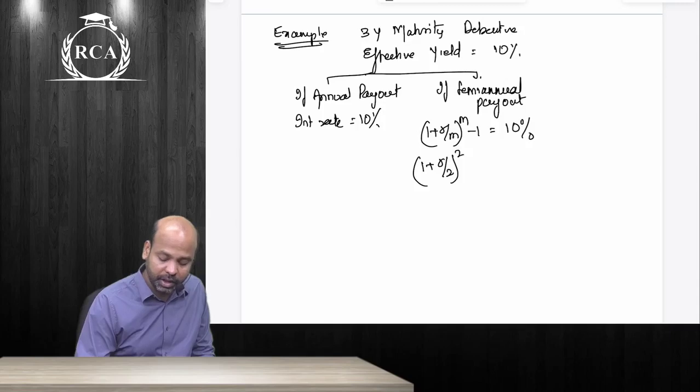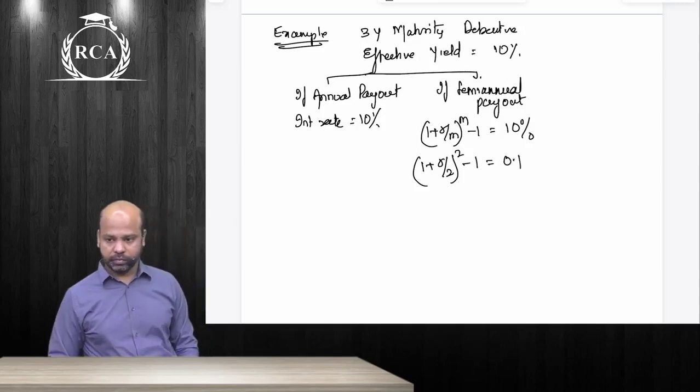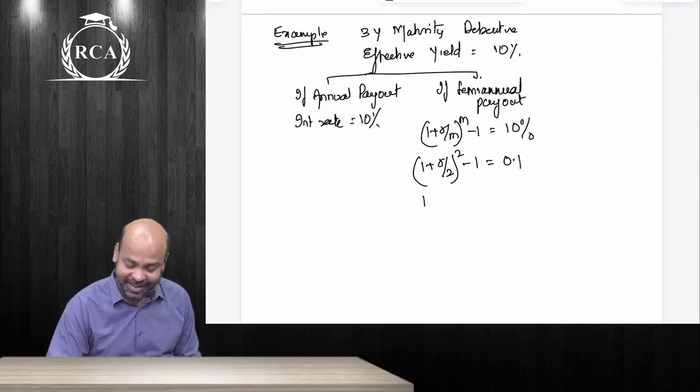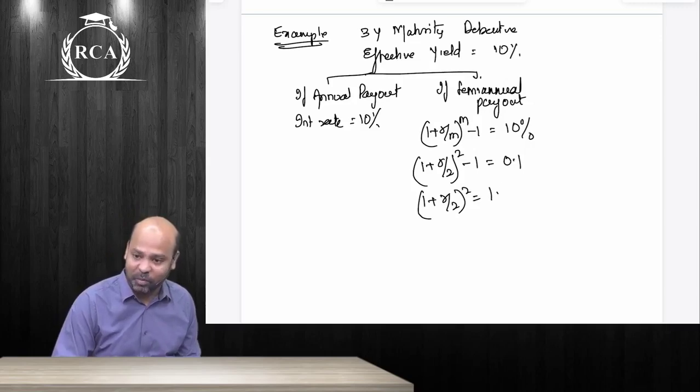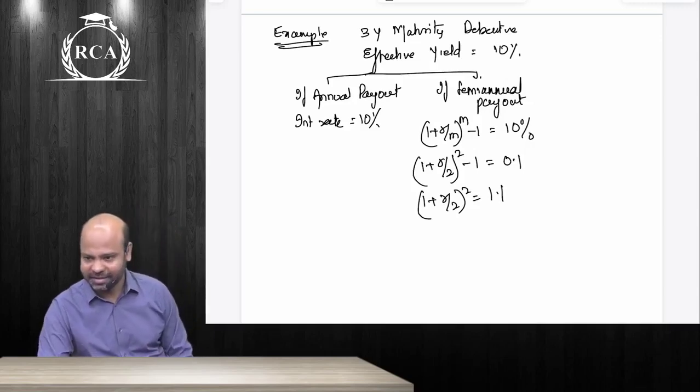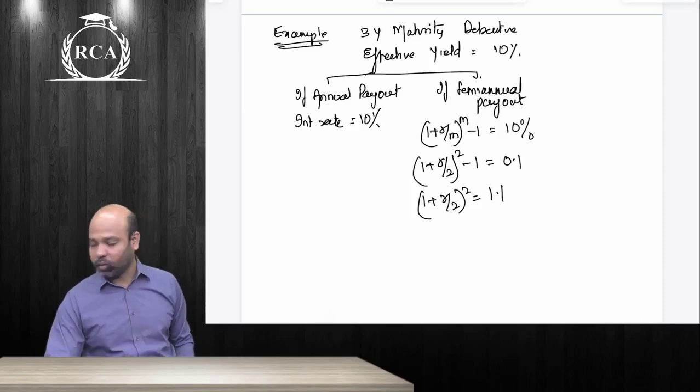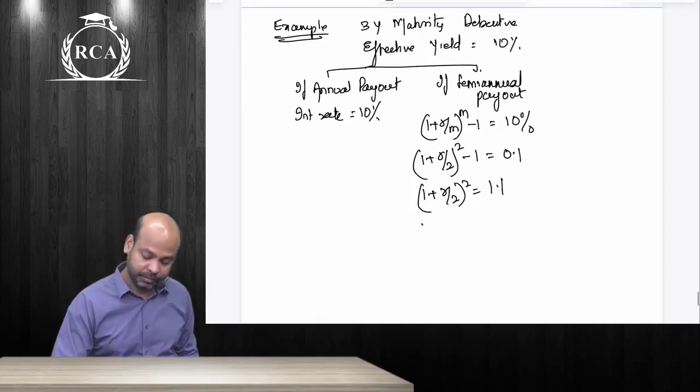So (1 + r/2)^2 - 1 = 0.1. You don't have to do the square root 12 times, you can do it only once now. (1 + r/2)^2 = 1.1. Take the square root of 1.1. How much is it coming?